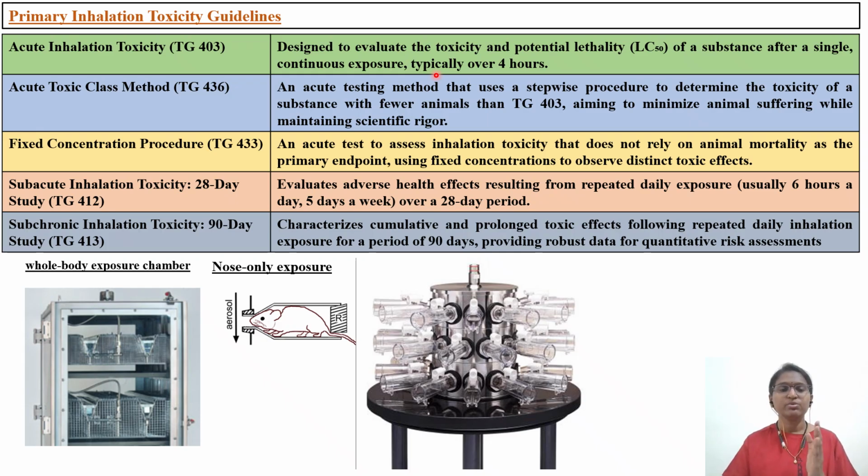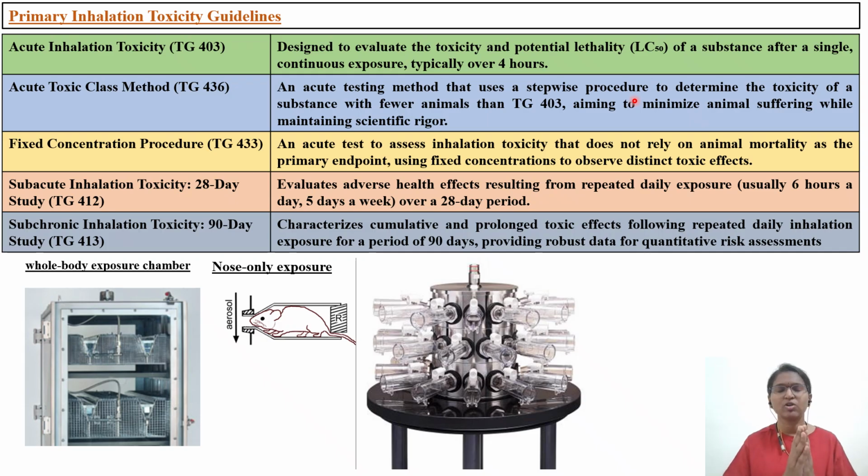Coming to 436, it is an acute toxicity testing method that uses a stepwise procedure. We are not dosing all the animals at a time with a single dose. There is a decision tree. You are either increasing the dose or decreasing the dose based on the survival of the animals, out of 3 animals.